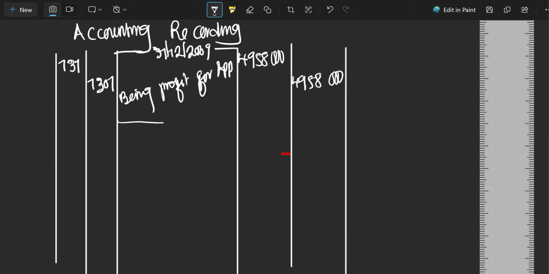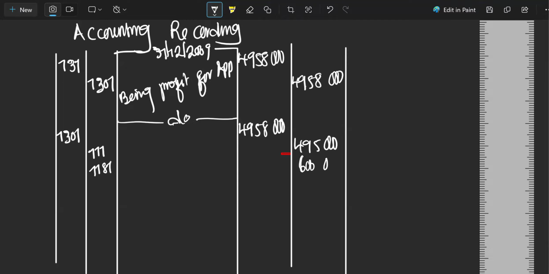All right, on the same day, we are going to now record this, that is share the profit. We have 4,958,000 francs. We're going to credit the legal reserve we calculated, which was 495,000 francs. We calculated the optional reserve, which gave 600,000 francs.